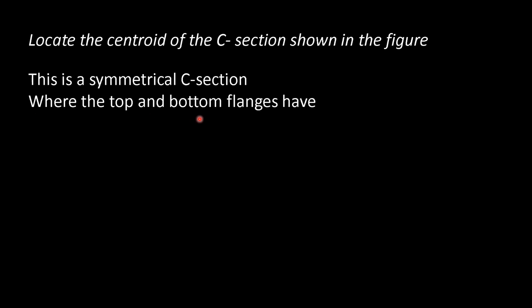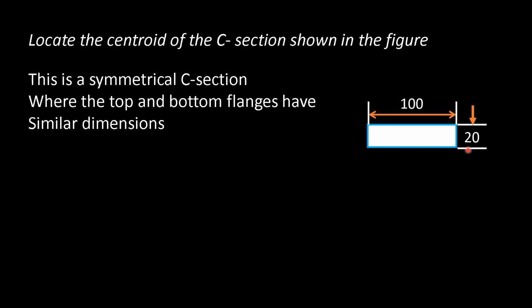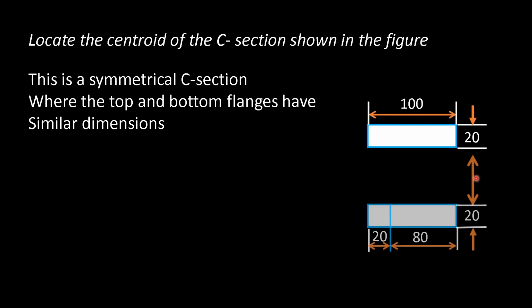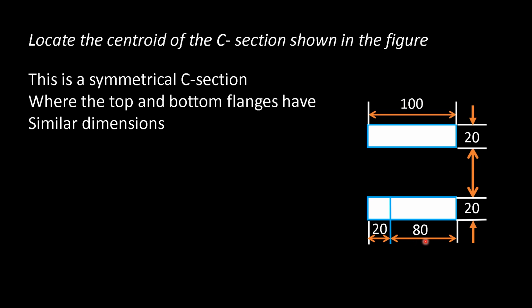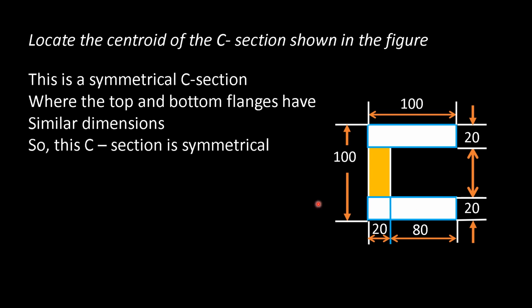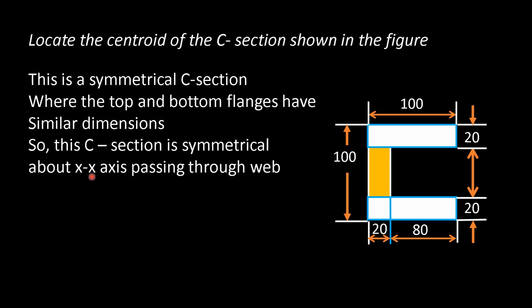Locate the centroid of the C section shown in the figure. This is a symmetrical C section where the top and bottom flanges have similar dimensions: 100 by 20 top flange, 100 by 20 bottom flange. So this C section is symmetrical about the x axis passing through the web.